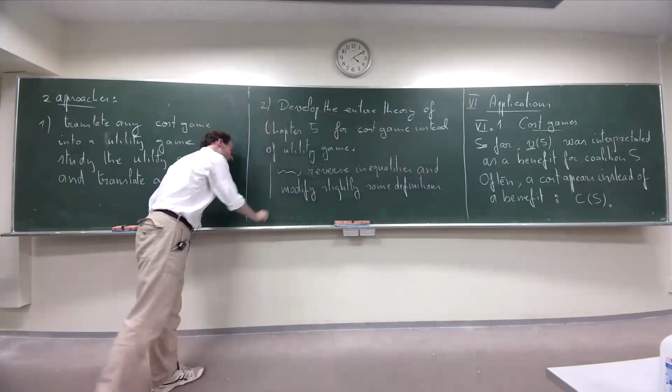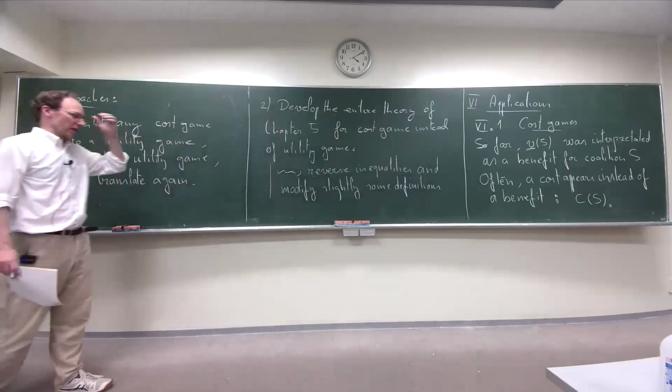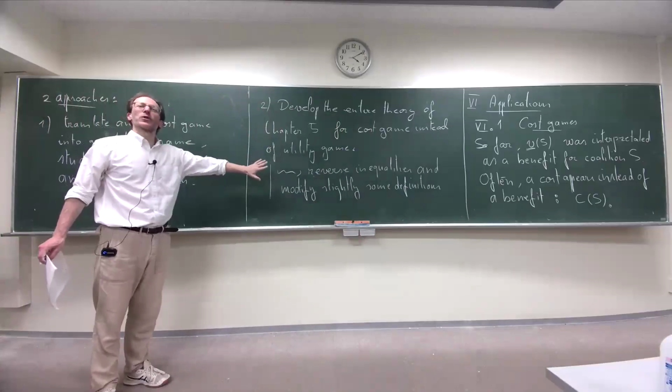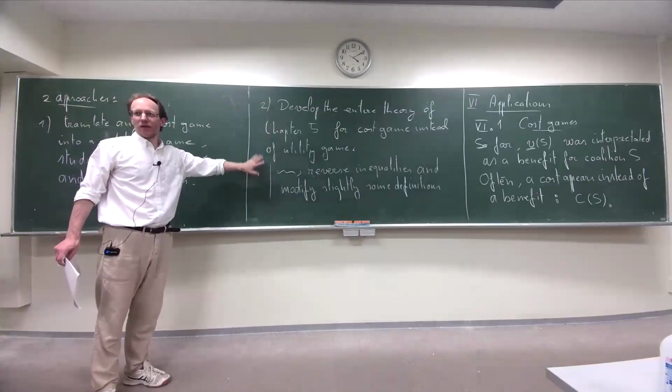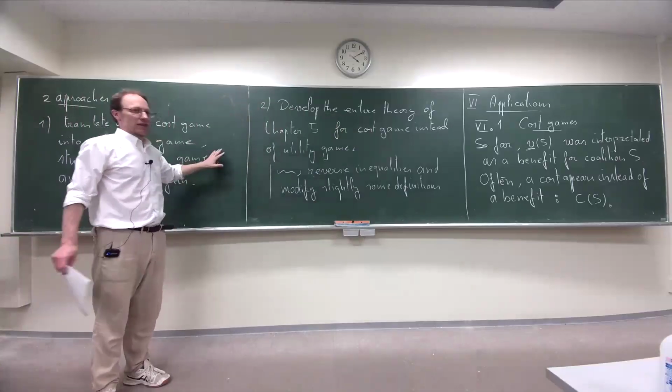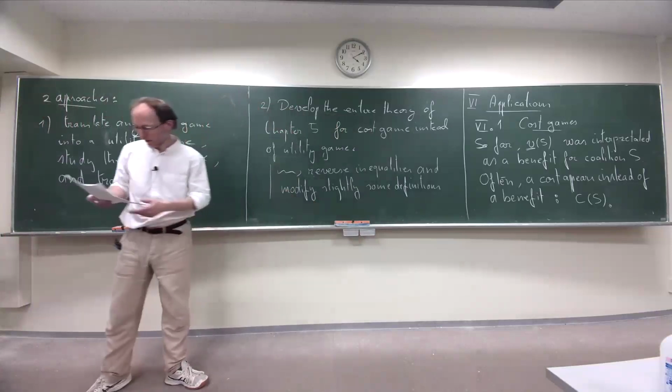As I said, I'm not going to do it, but from the point of view of the beauty of mathematics, it's better to do this approach because it's not just a translation, you do the theory really for cost gain and not only for utility gain.